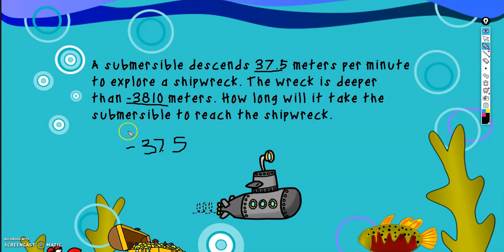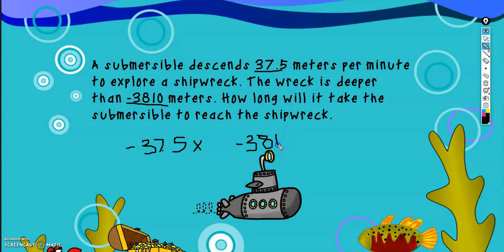How long will it take? That's what I don't know. How many minutes is it going to take me? So I'm going to use an x. Whenever I have a per, I know I'm multiplying. So we're doing negative 37.5x. And then on the other side, I have to go down to negative 3,810.